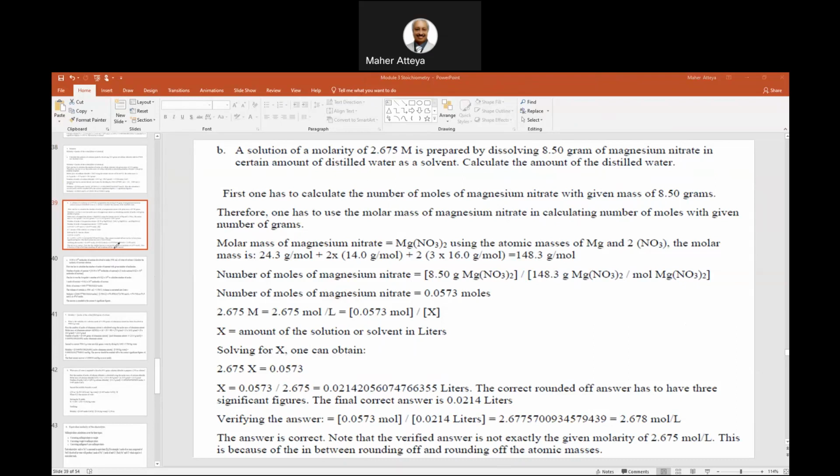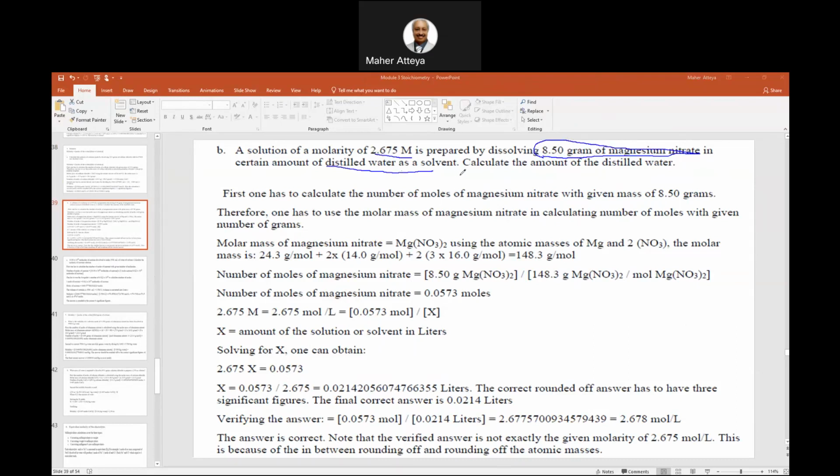Take this one here. It's given to us the molarity of the solution, and the solute nitrate amount in grams. So whenever you get grams, you have to use the molar mass of the solute to get the number of moles, correct? And they did not give you the amount of solvent.